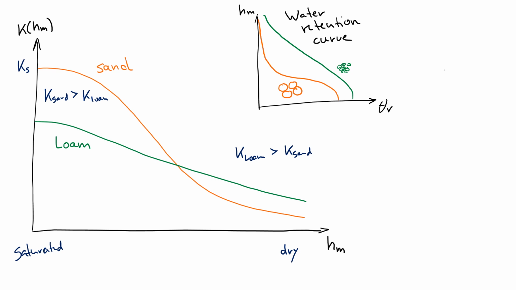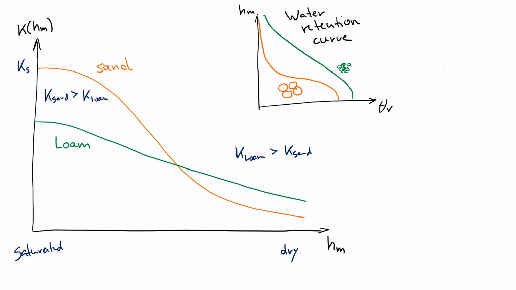However, as we decrease the water content in the sand, we quickly empty out those large pores, and we're left over only with a small number of pores that are of small radius, and the water flow pathways become more tortuous quickly in the sand, which means that the hydraulic conductivity decreases relatively rapidly in the sand.